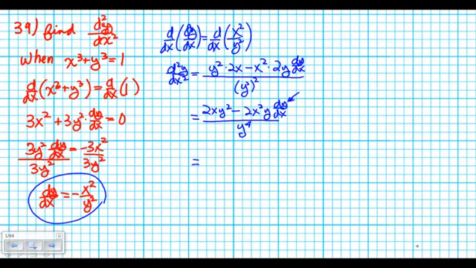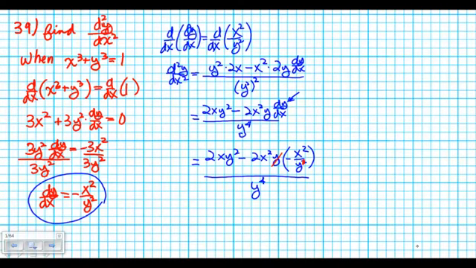So I'm going to get 2xy squared minus 2x squared y, and I'm going to replace the dy dx with negative x squared over y squared. And this still remains all over y to the fourth. Now we can do a little bit of cleanup here. Let's cancel this y with that y there, so it goes down to y to the first power.